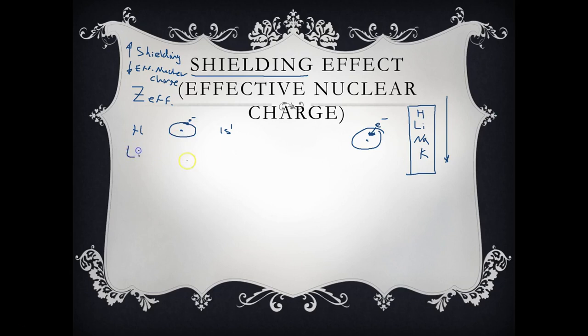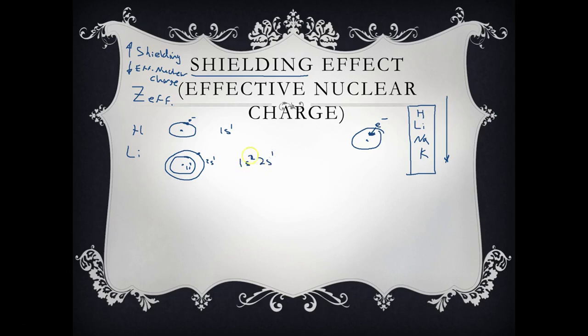If we look at lithium, lithium has two shells, and so there is a barrier between the nucleus and that outermost electron. This barrier, this 1s, has two electrons in there, and then there's 2s with one in there. So lithium's configuration is 1s2, 2s1.